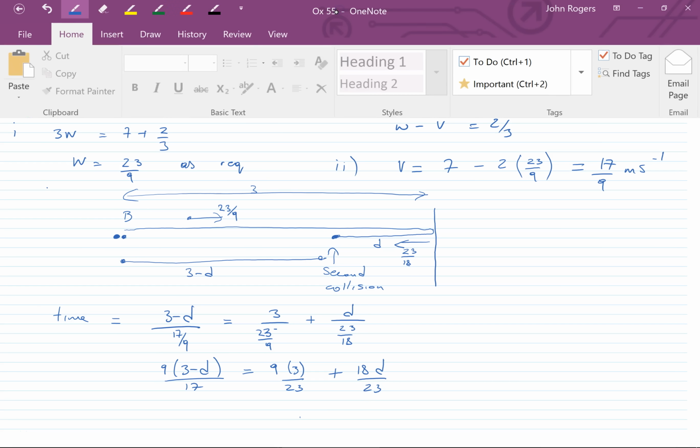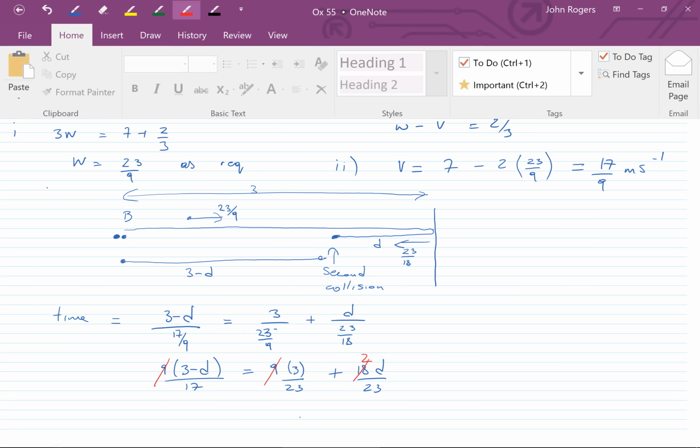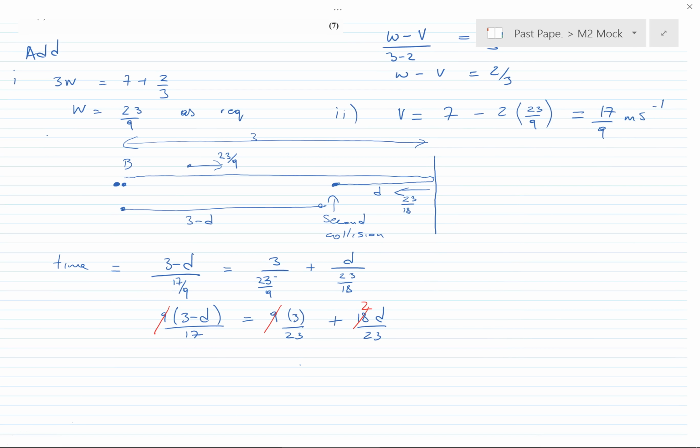I'm going to cancel again. Now, some of you might bother cancelling, but I find I'm more likely to make a mistake on the calculator than I am with my cancelling. So anyway, there we go, that cancels. Now, so we've got 3 and 2d here.